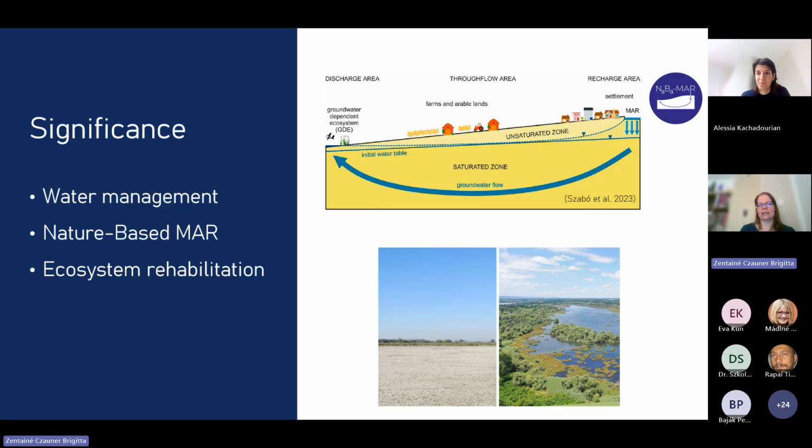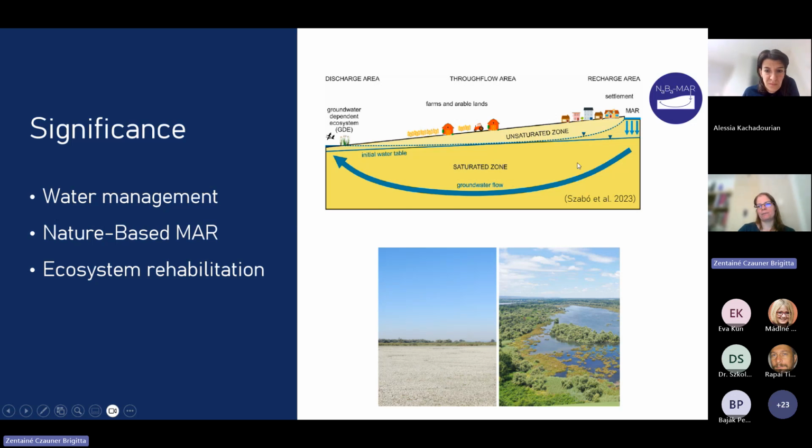While regarding our further research areas, I can mention our nature-based MAR approach or concept, which was developed, or is also under development now, by our hydrogeological research group. In this concept, we try to use managed aquifer recharge techniques in appropriate places which can feed groundwater flow systems.